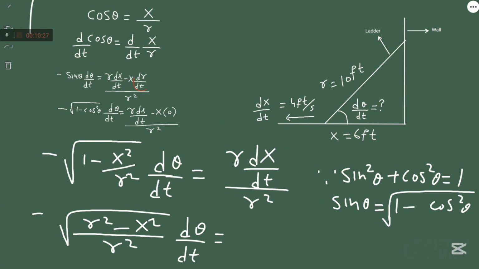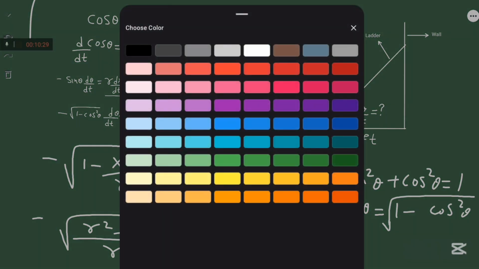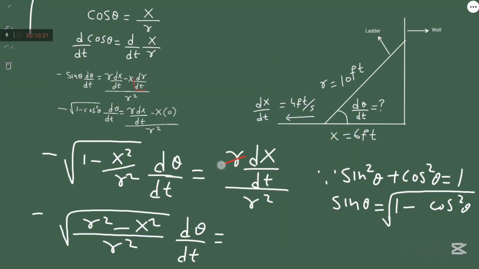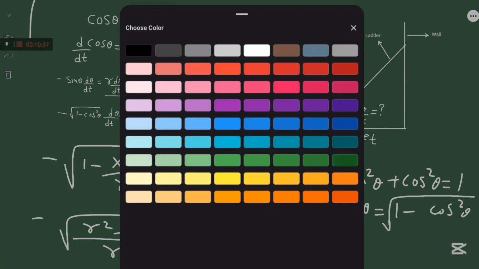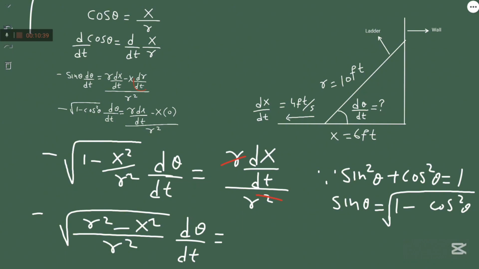I can simplify here. On the right side, this r will cancel with this r, so I can write 1 over r dx by dt.